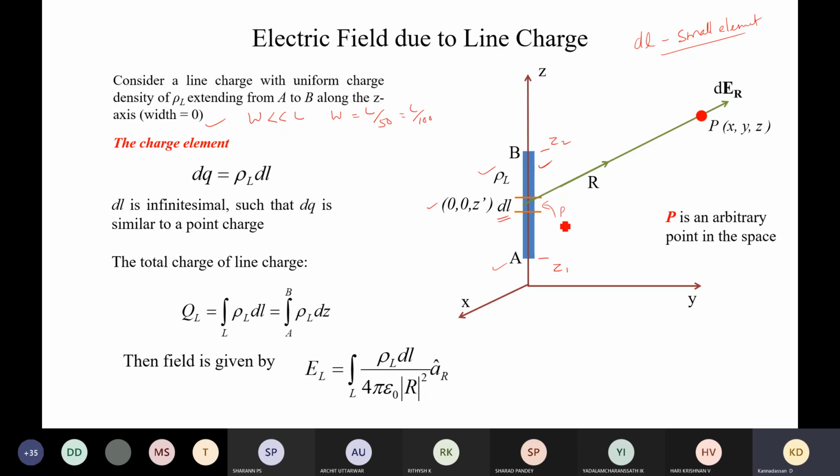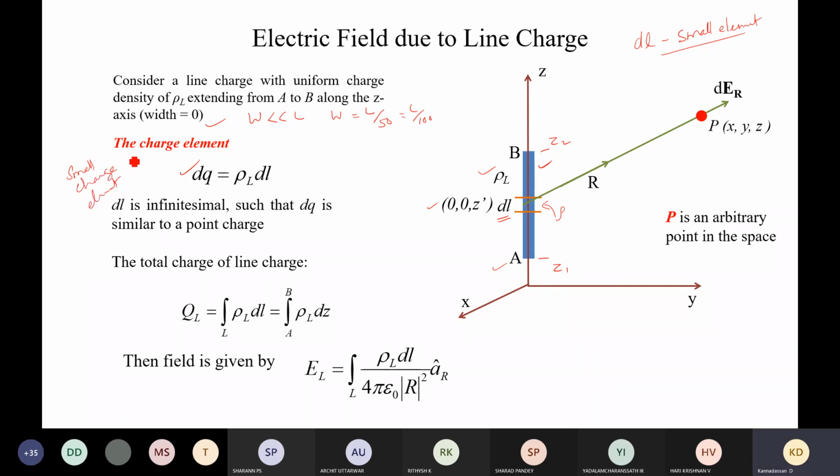So this rho L, the total small charge available in this small element, we often refer to as a small charge element. In many of the textbooks, particularly Sadiku, he has mentioned it is a charge element, but in some books it is mentioned as a small charge element.